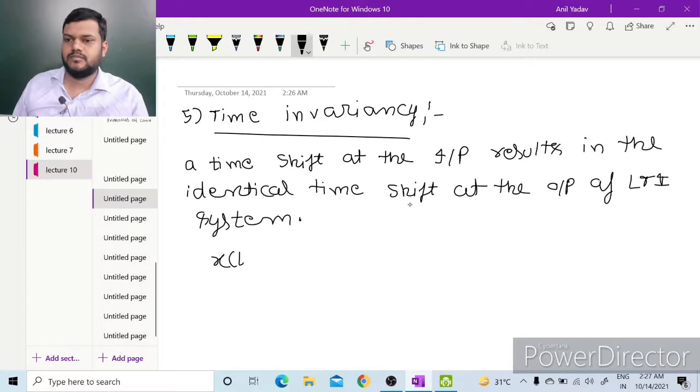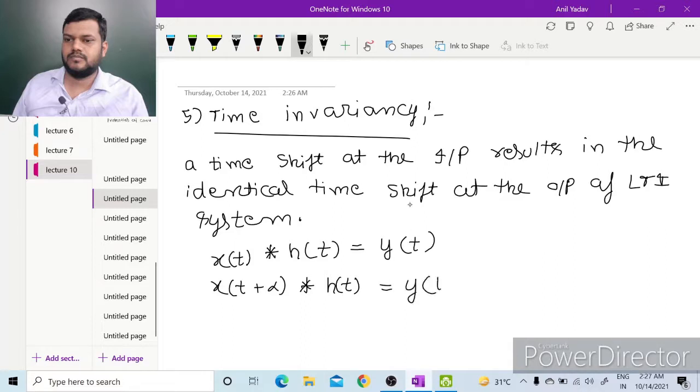So x(t) convolved with h(t) is y(t). So let us advance x(t) with alpha. So x(t plus alpha) convolved with h(t) became y(t plus alpha). x(t) convolved h(t plus beta) became y(t plus beta).